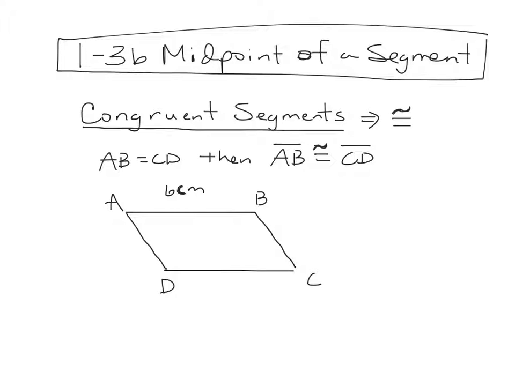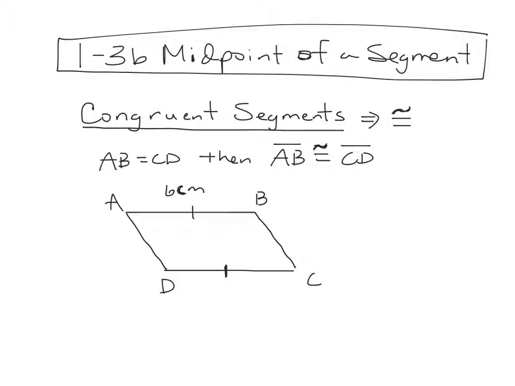So, for instance, if I know AB is 6 centimeters and I know CD is 6 centimeters, I can put one little hash mark on each of those, and those little markings are telling me they're the same. Those are equal in length, okay?